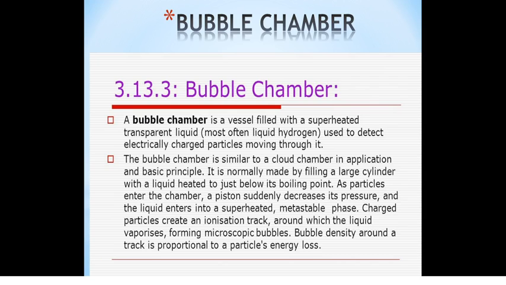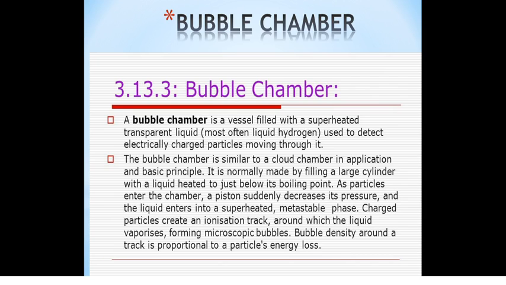Now we are taking liquid inside this chamber and it is heated in such a way that it is ready to boil. So it is heated just below its boiling point. Now as particles enter the chamber, the piston is moved downwards so that the pressure is decreased and the liquid enters a superheated state.